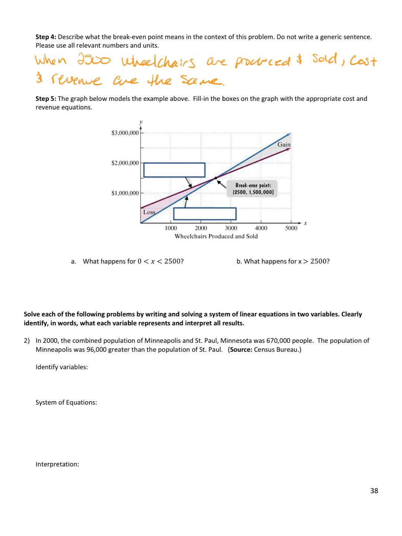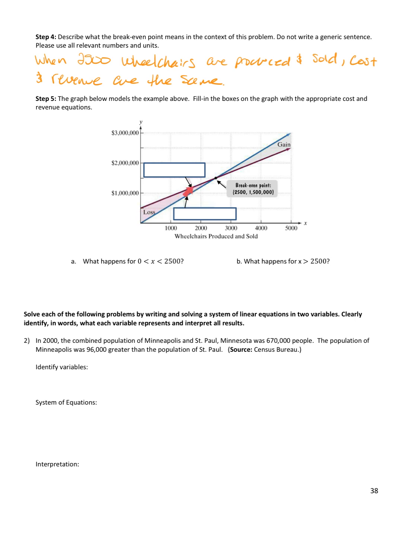So the graph below is a picture of the example above. We want to fill in the boxes on the graph with appropriate cost and revenue equations. So let's see, the blue line represents revenue, because from 0 to 2,500 wheelchairs we're operating at a loss, okay?